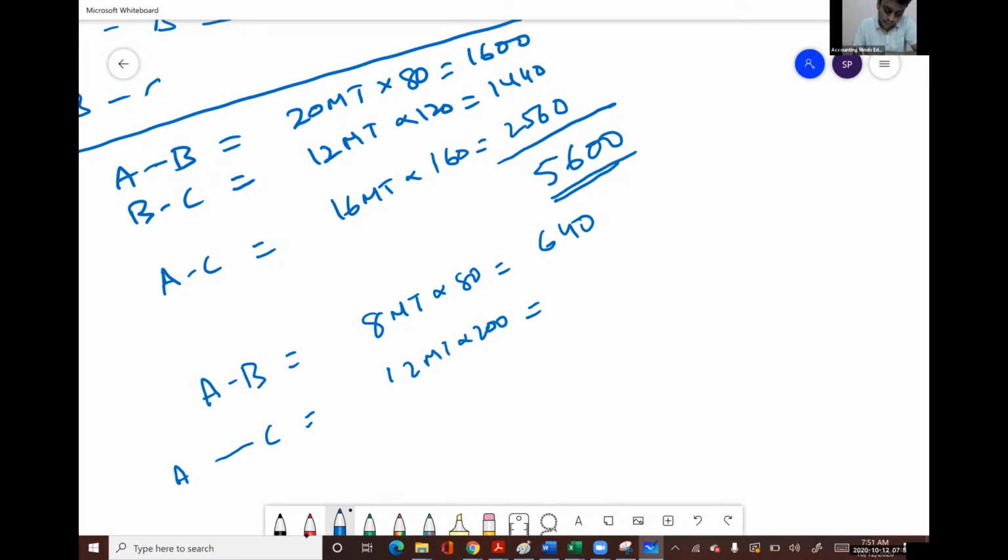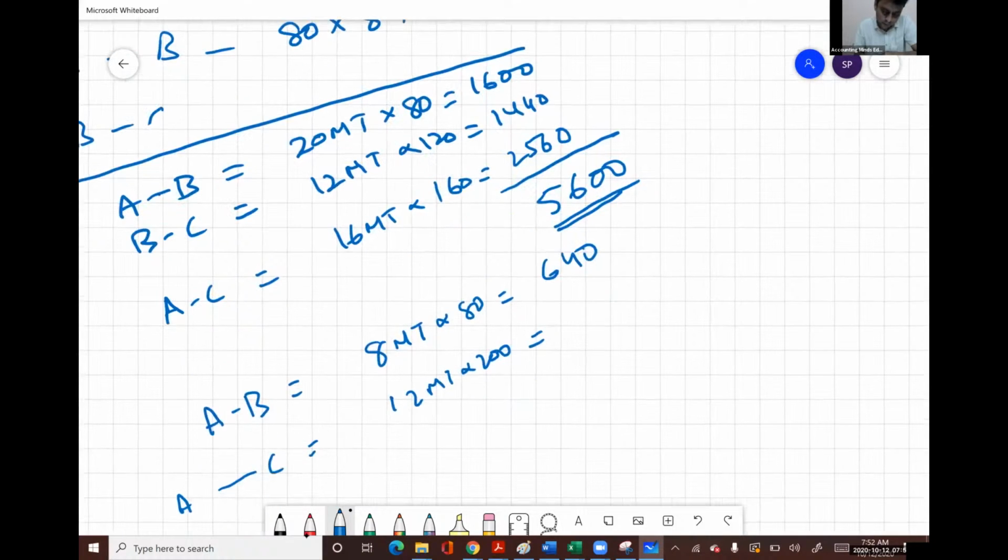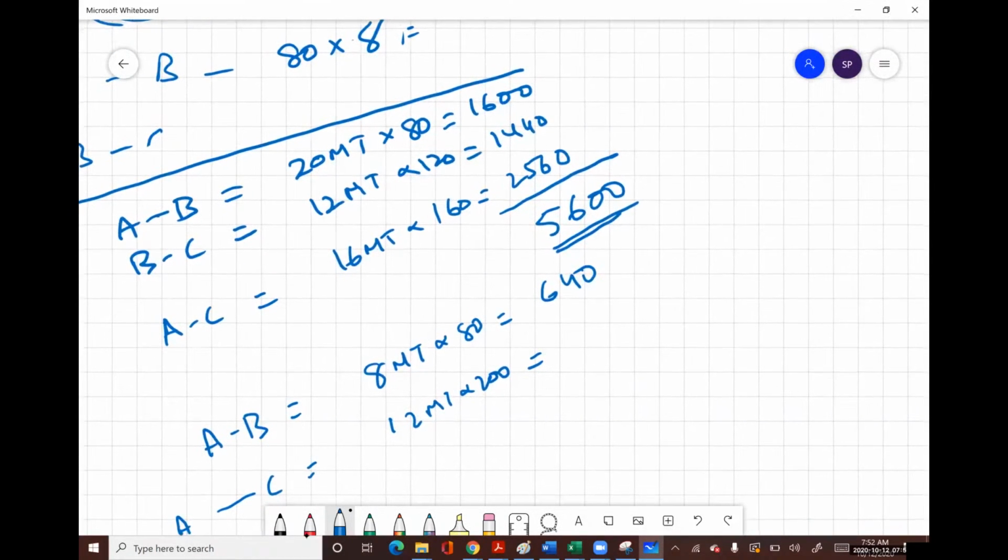How much is that? So 200 kilometers. From A to C, how many kilometers? 160.